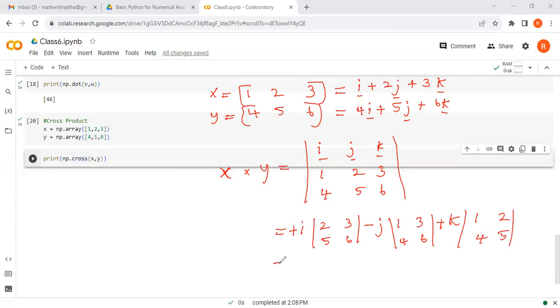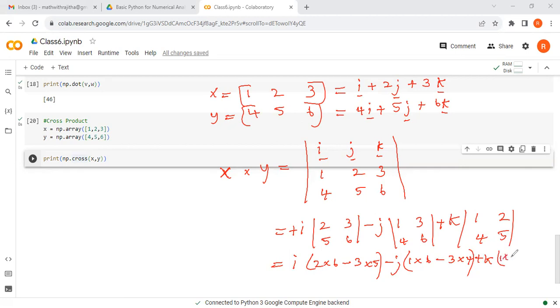Now determinant of this is 2 multiplied by 6 minus 3 multiplied by 5, minus j times 1 multiplied by 6 minus 3 multiplied by 4, plus k times 1 multiplied by 5 minus 2 multiplied by 4.